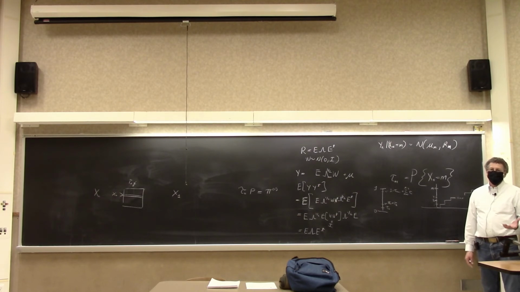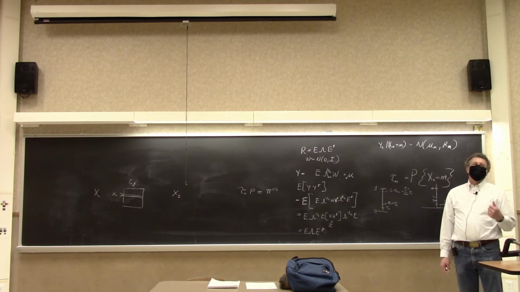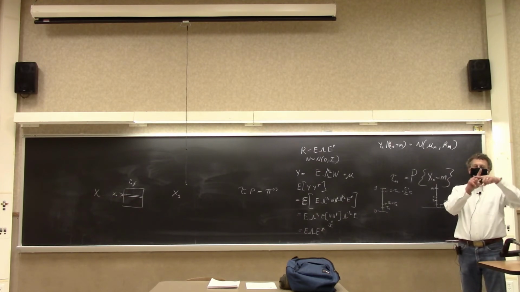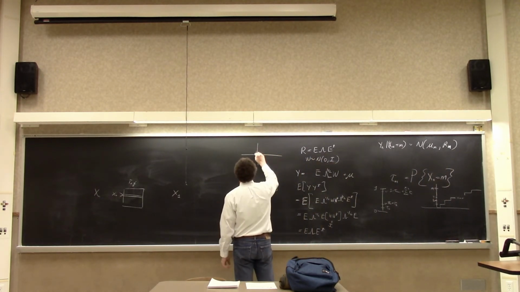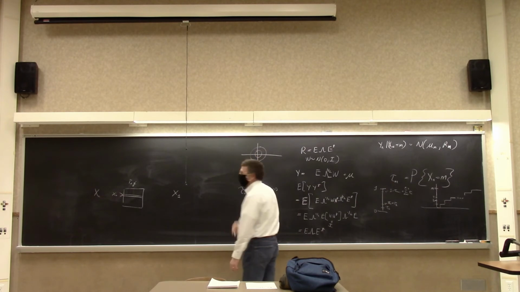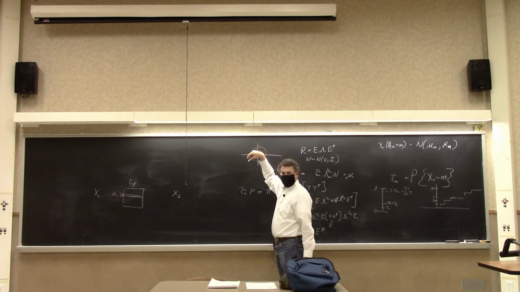It's a classically hard integral called the error function. So what you do is you take two Gaussians, one Gaussian this way and one Gaussian that way.